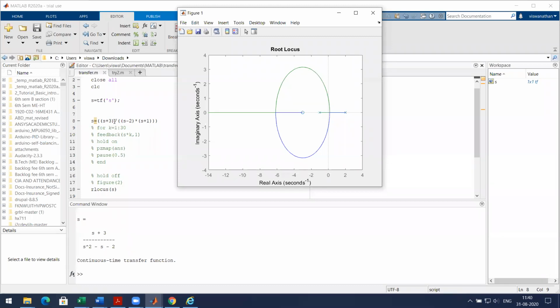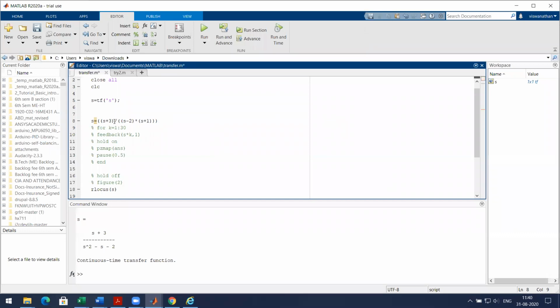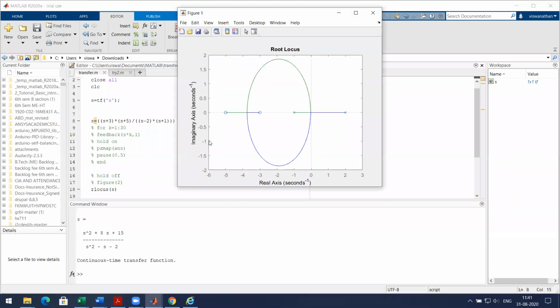We'll look at another zero also. We'll have two zeros now and two poles. This pole and this pole meet somewhere here, and then this comes like this and goes to this zero.